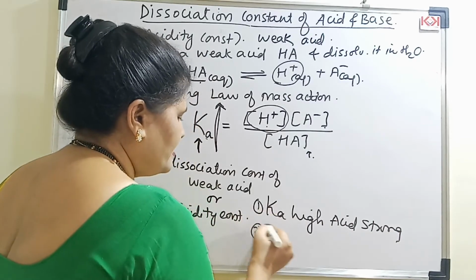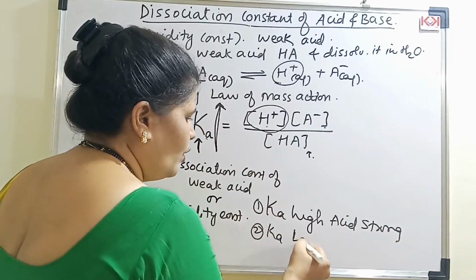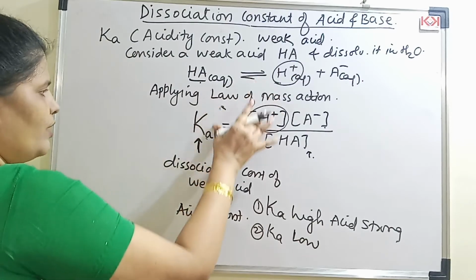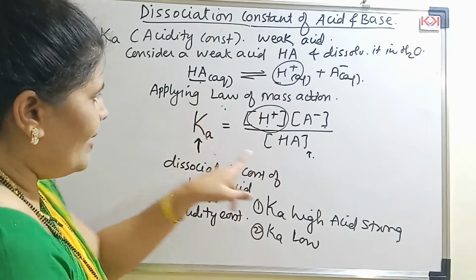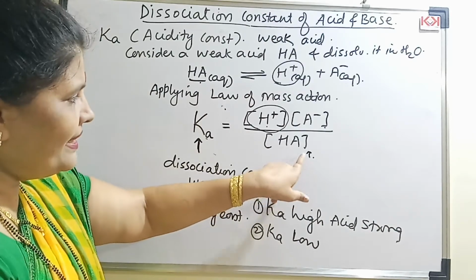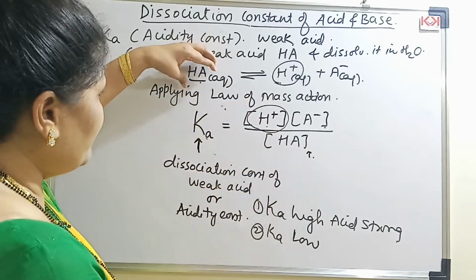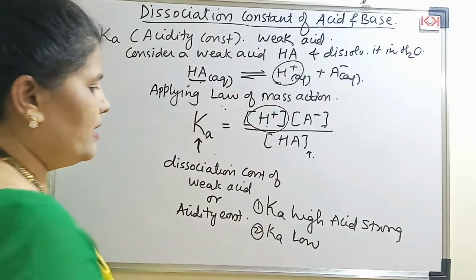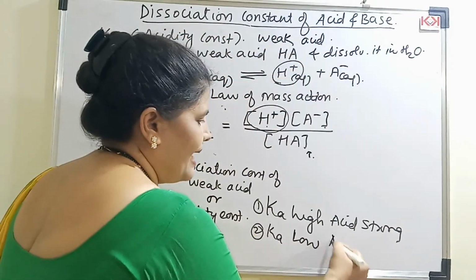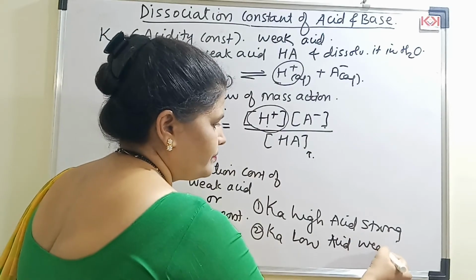Similarly, when the Ka value is low, it means the HA concentration is more. If this remains as it is and is not undergoing any dissociation, the Ka value is less, which means the acid is weaker.